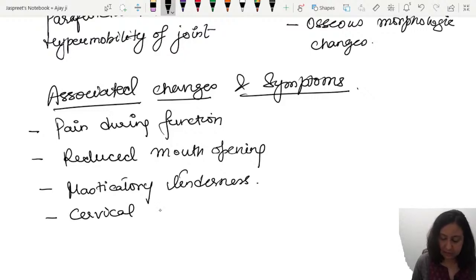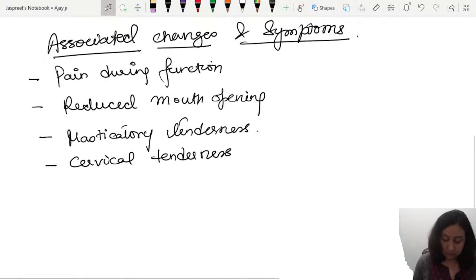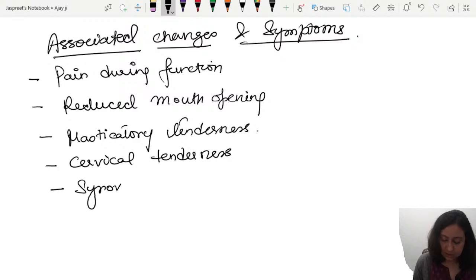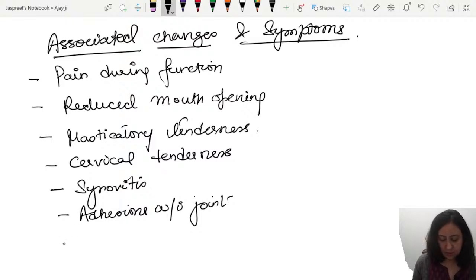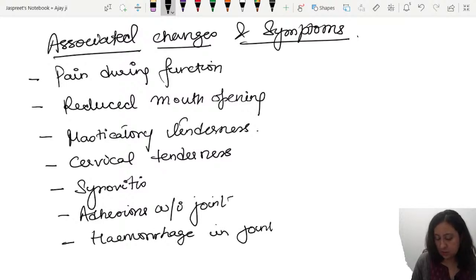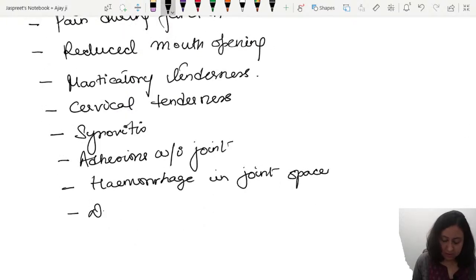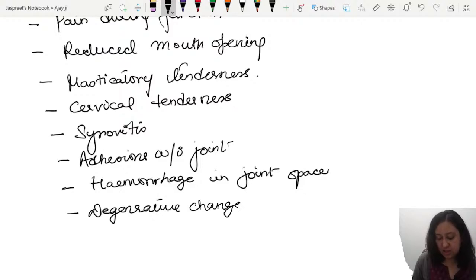Please write down, I will explain. There will be cervical tenderness, synovitis, adhesions within the joint. There can be hemorrhage in joint space. There can be degenerative changes in the joint.